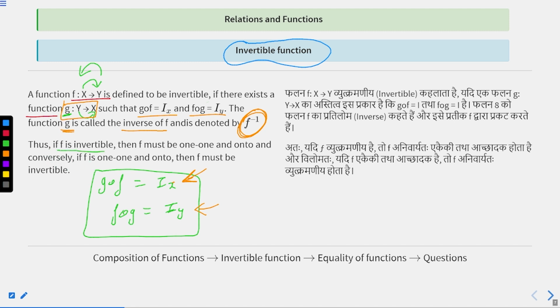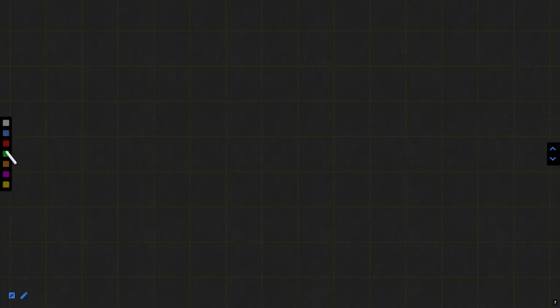So thus, if f is invertible, then f must be one-one and onto. Conversely, if f is one-one and onto, then f must be invertible. So the necessary and very important condition for an inverse to exist is that f must be one-one as well as onto.